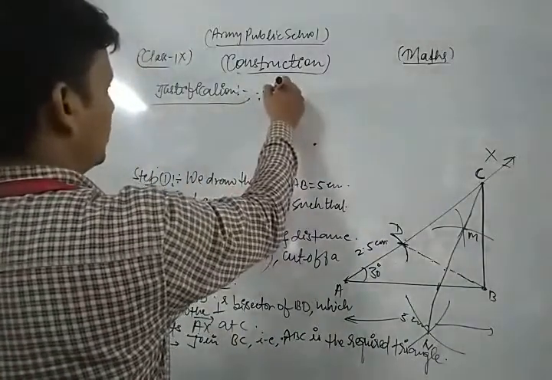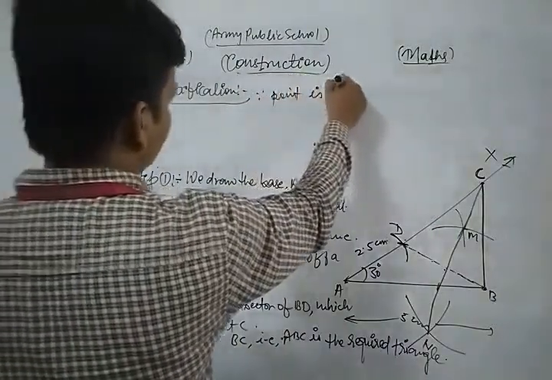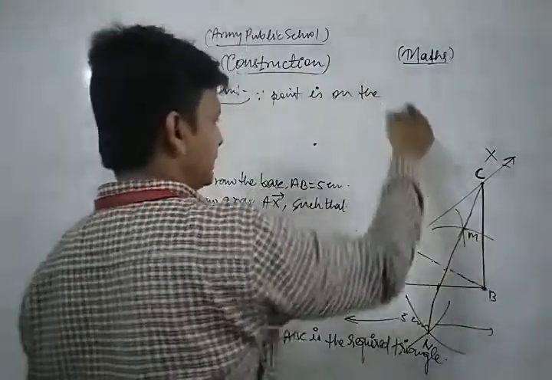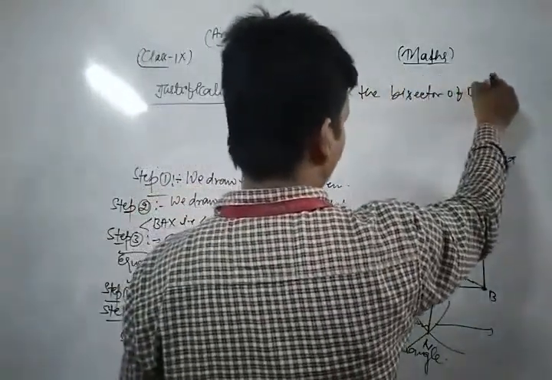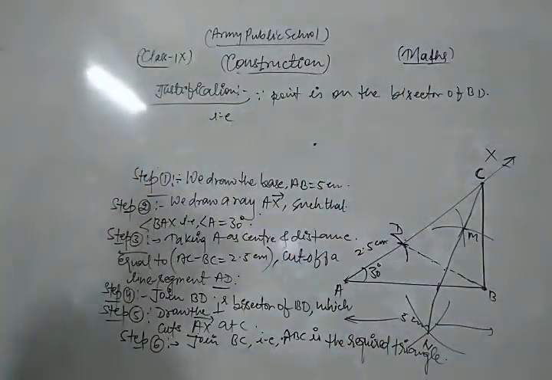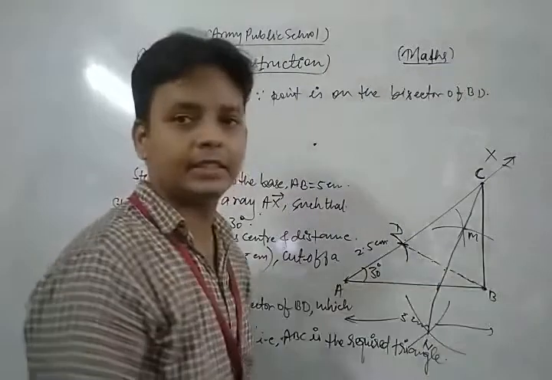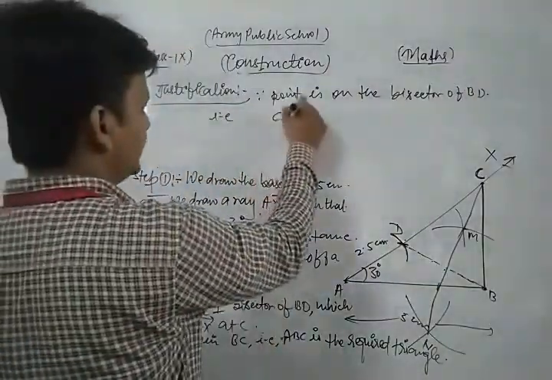Since point C is on the bisector of BD, the distance of C from these two points remains the same, which means CD is equal to CB.